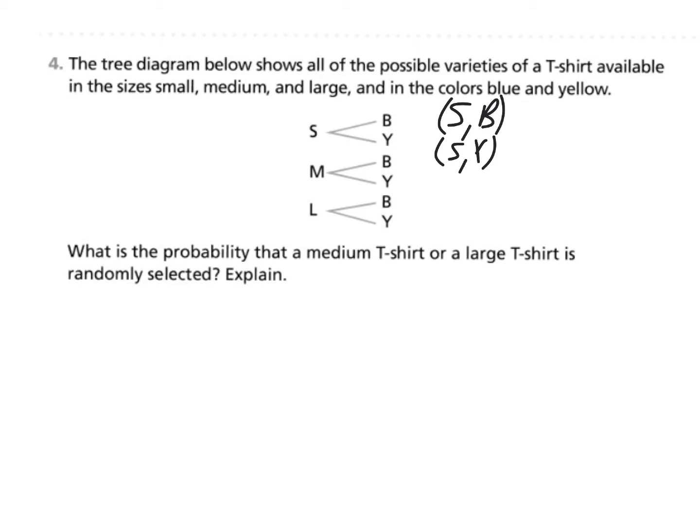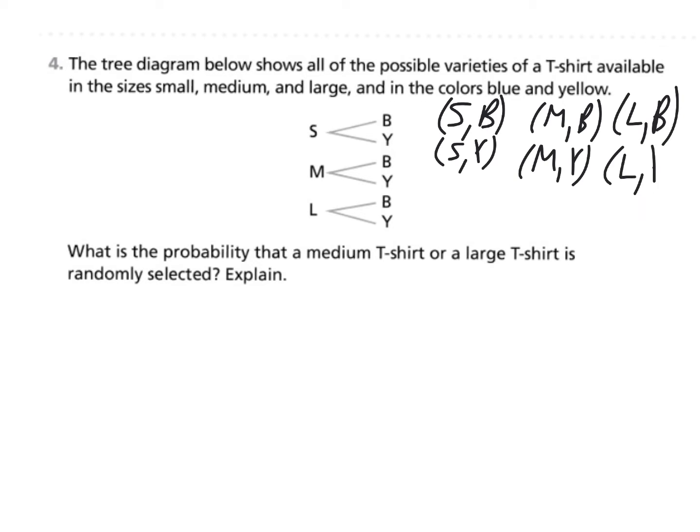So we could have small blue, small yellow, medium blue, medium yellow, large blue, large yellow. Okay, to me it's just easier to look at them as separate things like this than looking at it on the tree diagram and trying to pick it out. So probability that a medium t-shirt or a large t-shirt is selected.